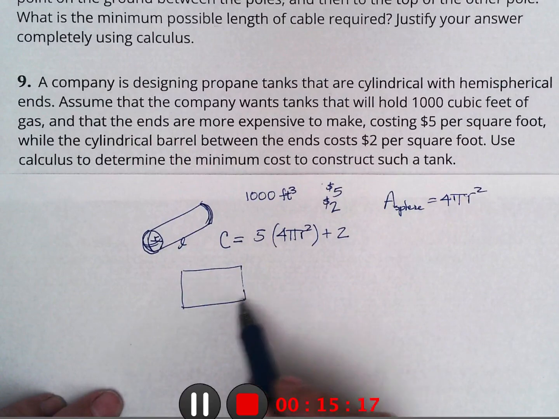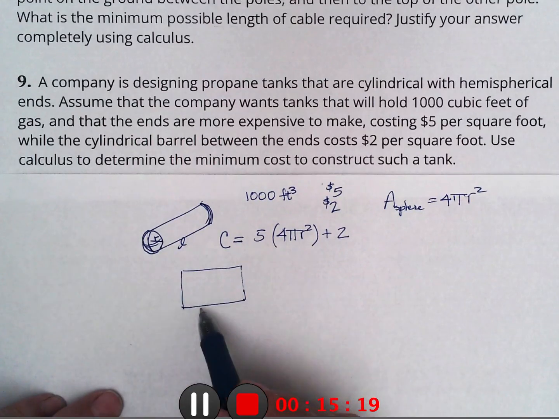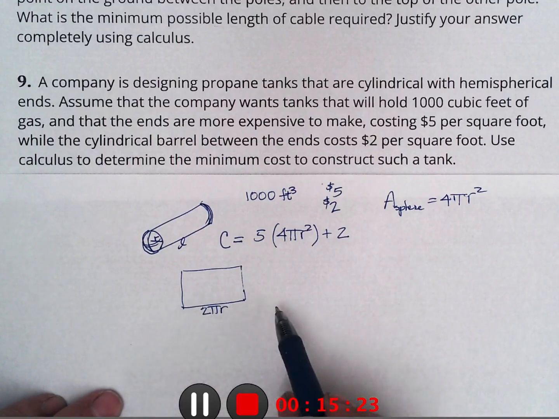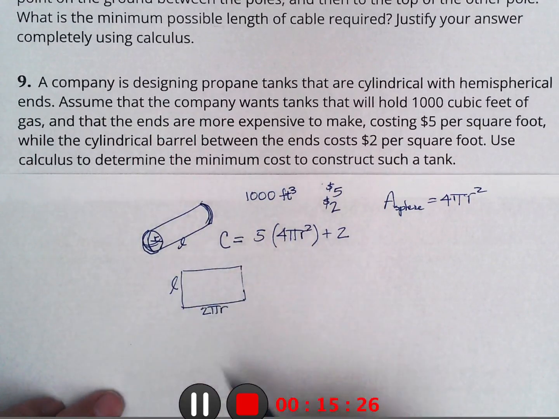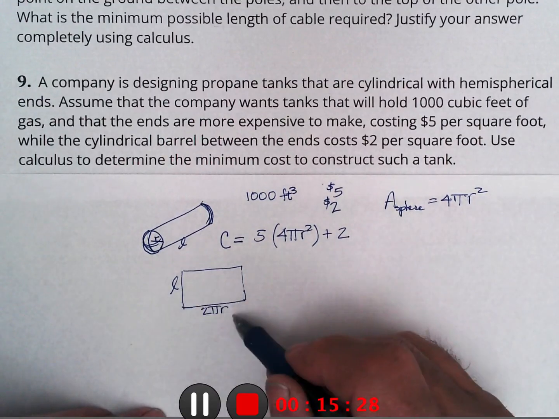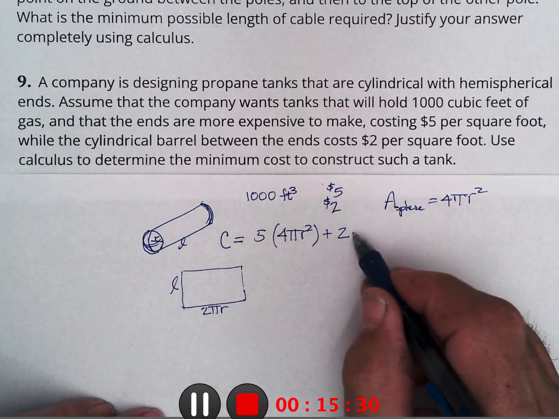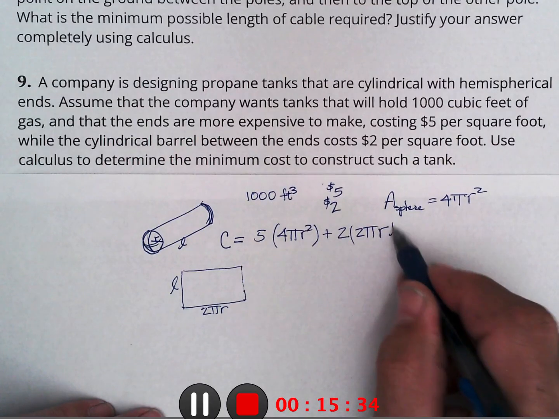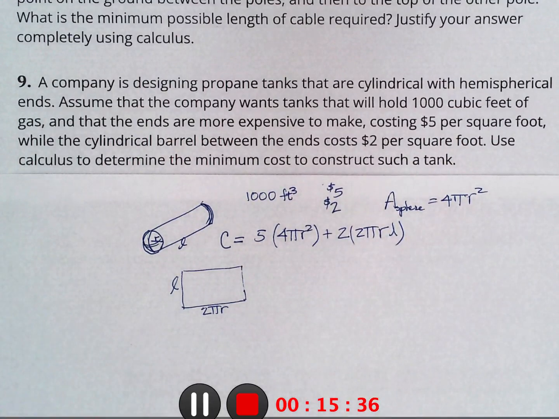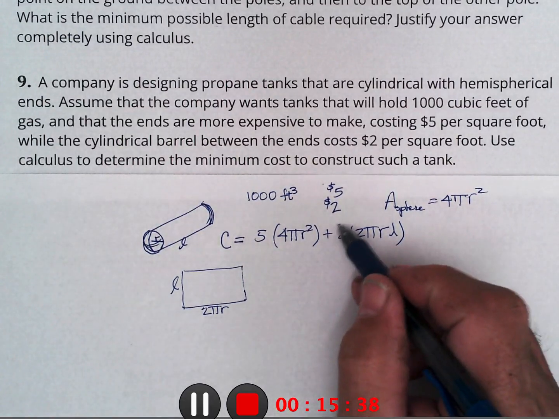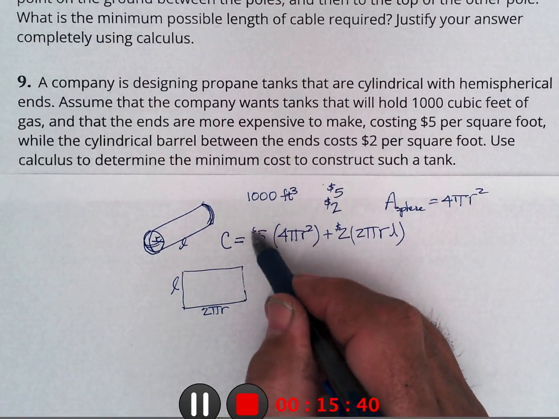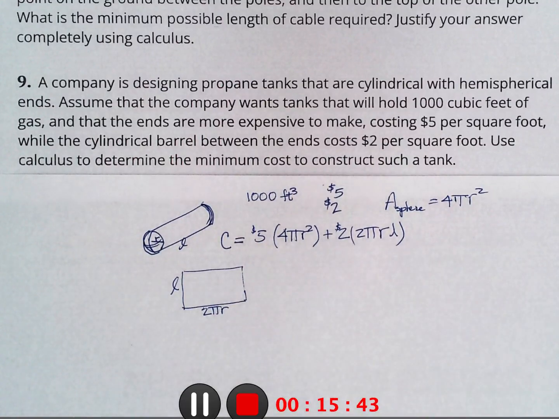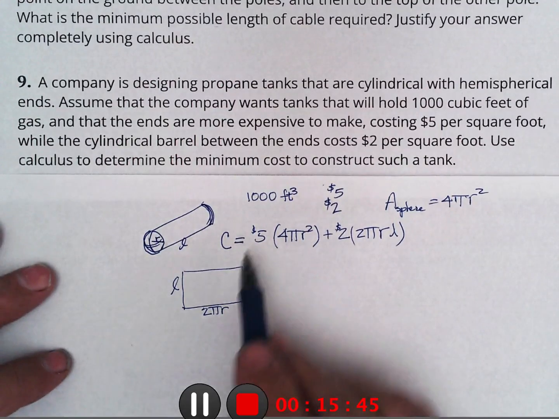And the distance around will be 2 pi r, circumference of the circle, and the height is L. So the area is 2 pi r L. And here's the $2 and the $5. So there's the cost. And we want to minimize, so we're going to take the derivative.